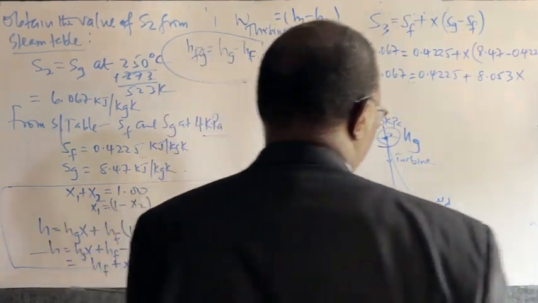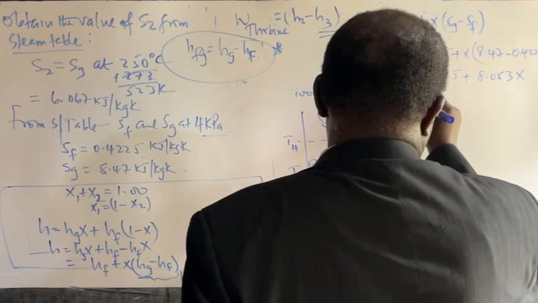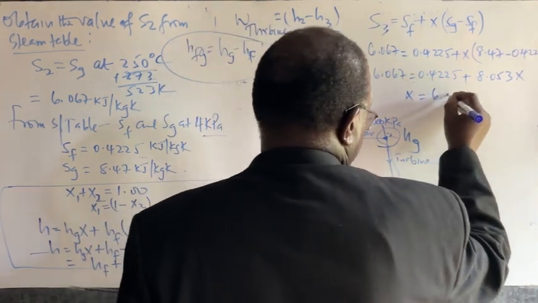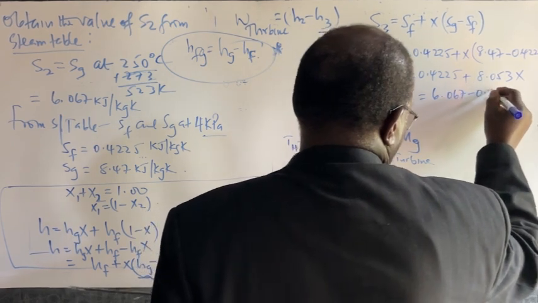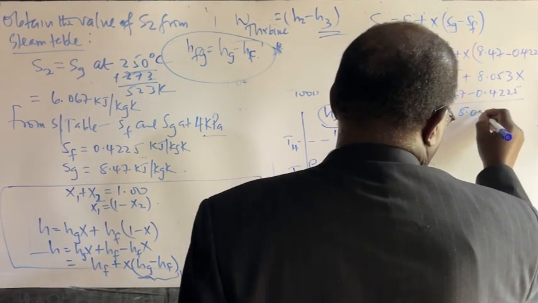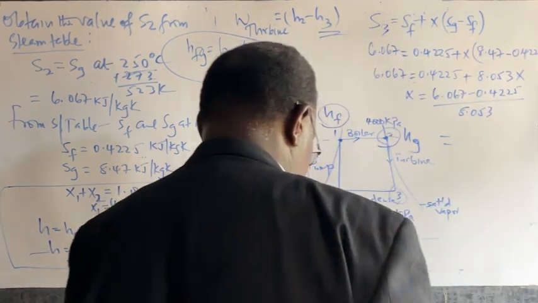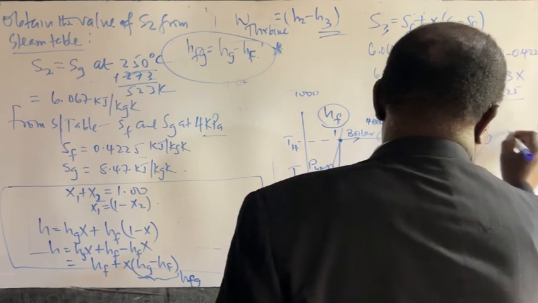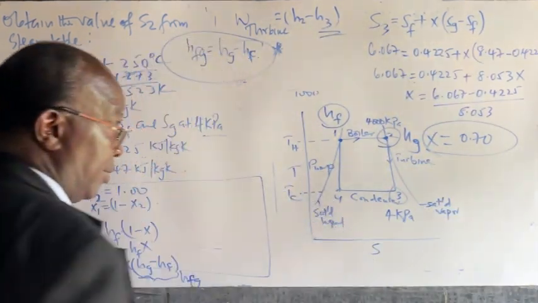So that the value of X, just subtract that from there, 6.067 minus 0.4225 divided by 8.053. And that gives us 0.704 for the value of X. Very important for us to note that.